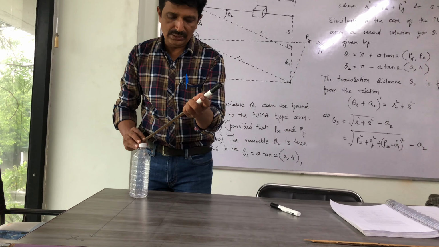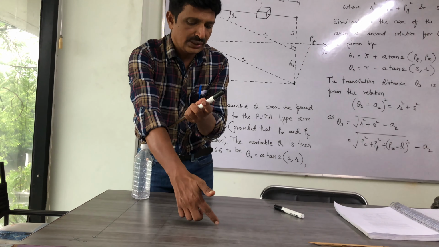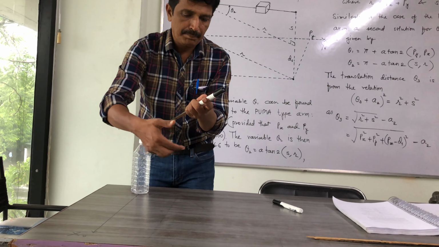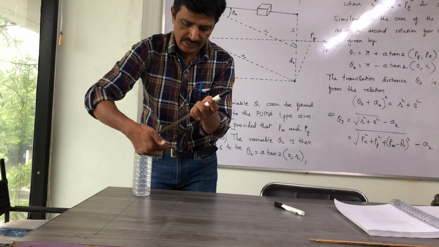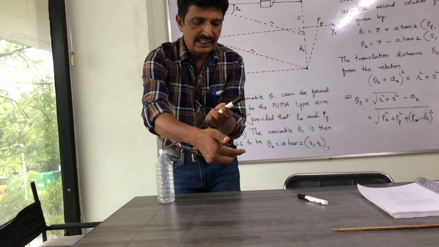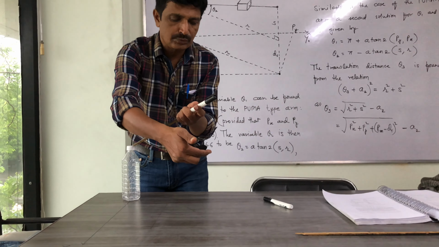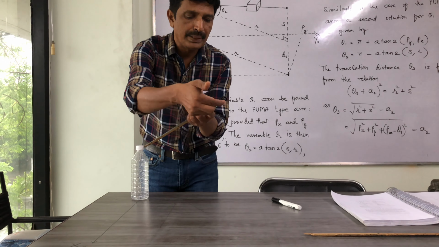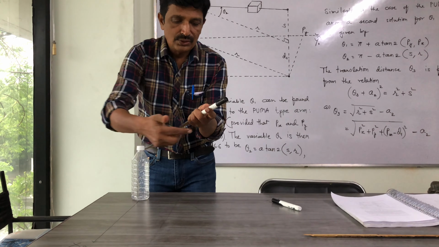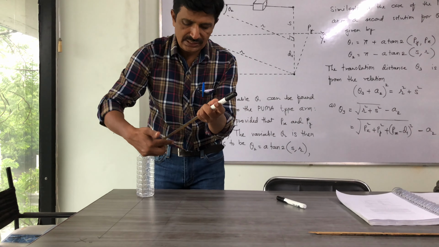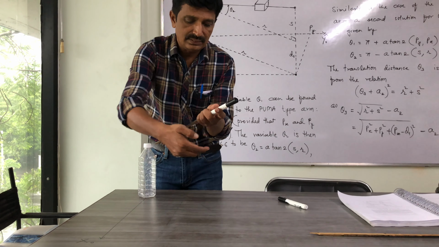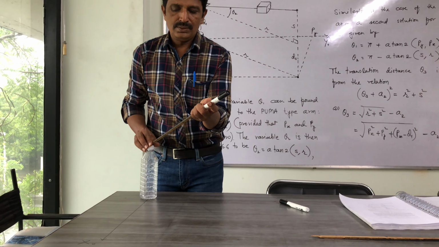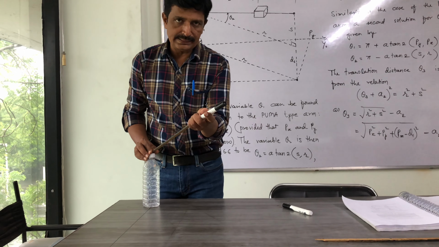If you draw the projection here, dot px, py, and if you draw a line parallel to the xy plane, then it is r, root of px square plus py square, and this one is s, further advancement. This one is r, so this one is 90, and this one is θ2. So θ2 is this one r, and this one s, so opposite side s by r. So it will work like this. Okay.